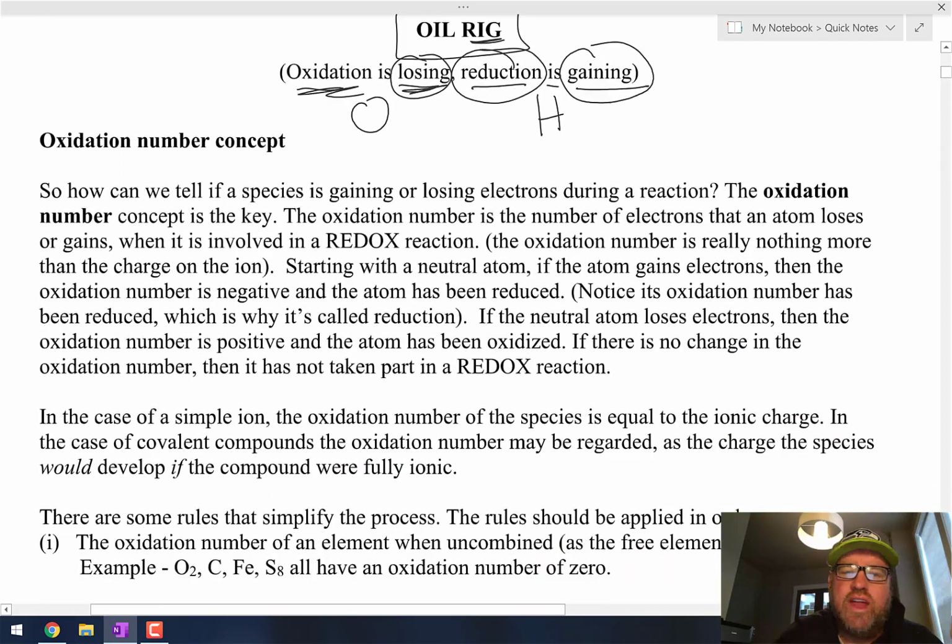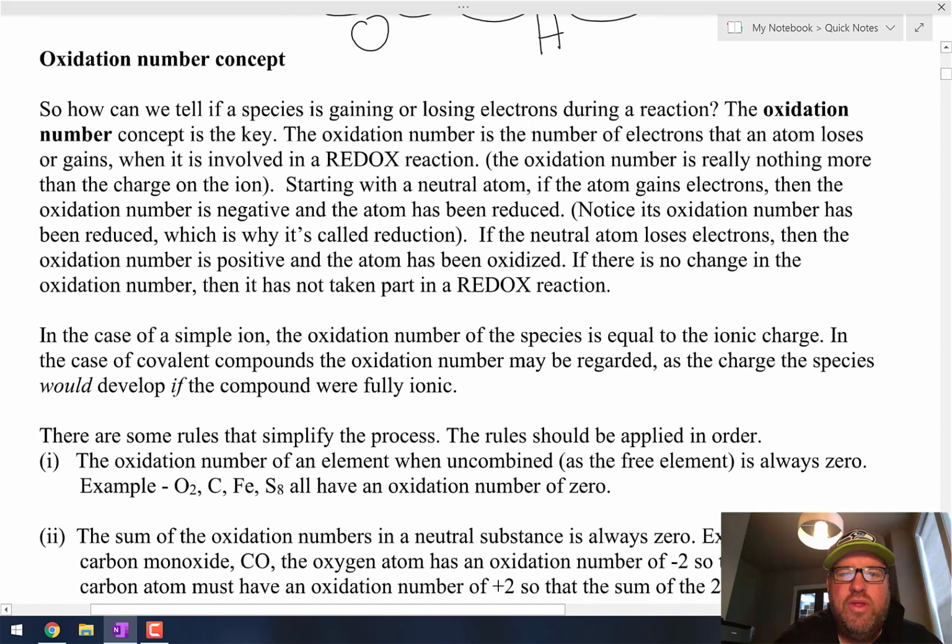The real term for that is called the oxidation number. And that's what happens in a redox reaction: again, something loses electrons, something else gains electrons. And we know that it loses or gains electrons based on the change in its oxidation number, or what's the other word for oxidation number? It's just charge. On the AP test, of course, they call it oxidation number.